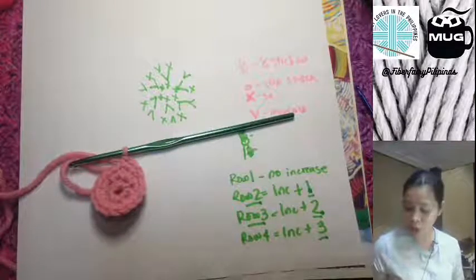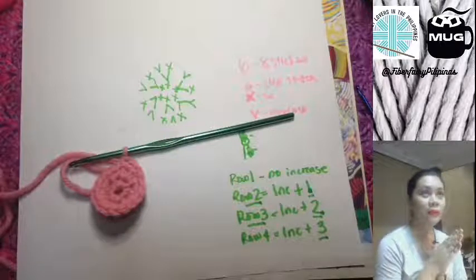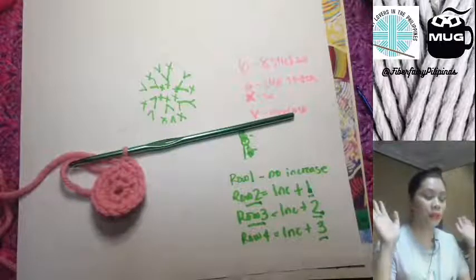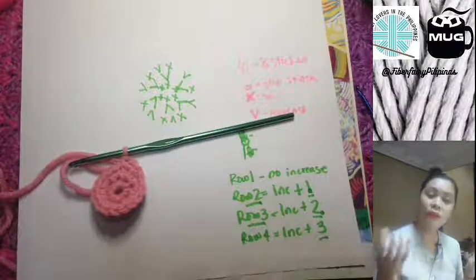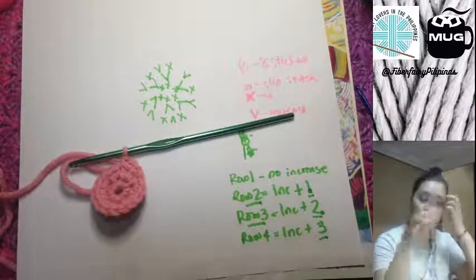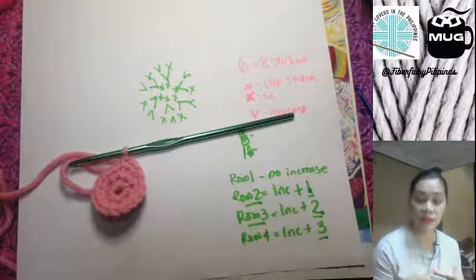Okay? So, with that said, if you're making a bonnet, make it as wide as you can para umabot siya dun sa circumference na kailangan nyo for the baby's head.